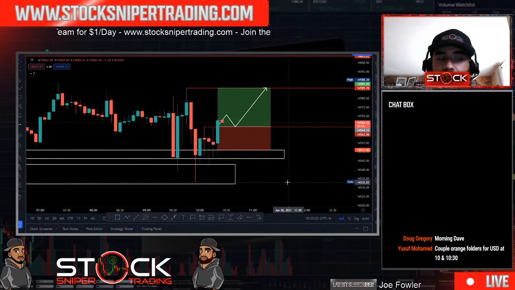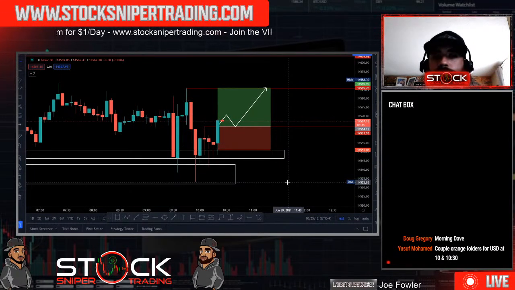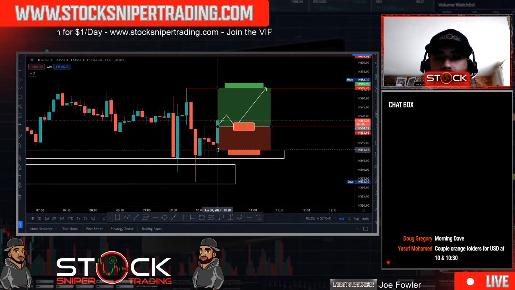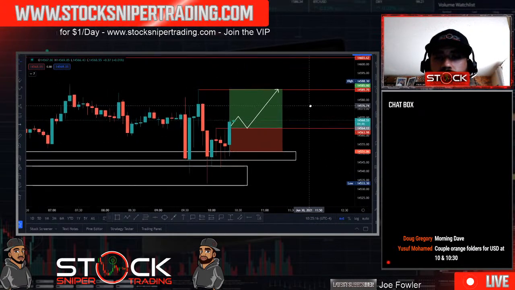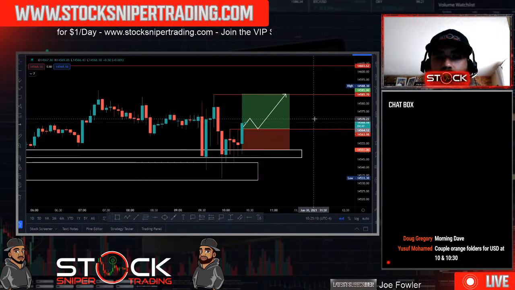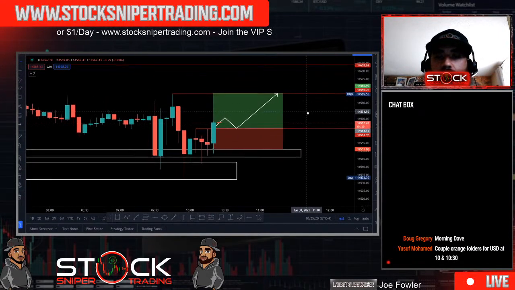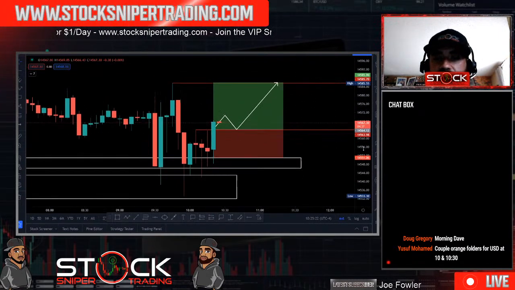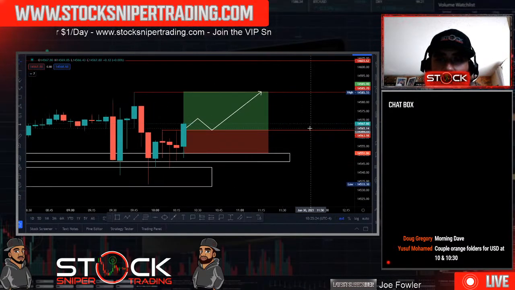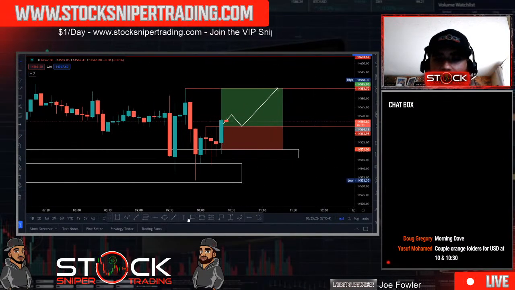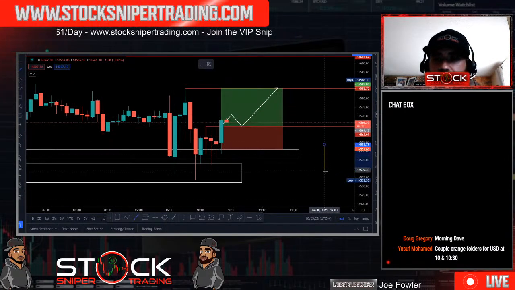Let's see what's going to happen. Need to see a little more pressure. It's kind of indecision. You know what I mean? It's similar to a doji candle, guys, which is pretty much this.